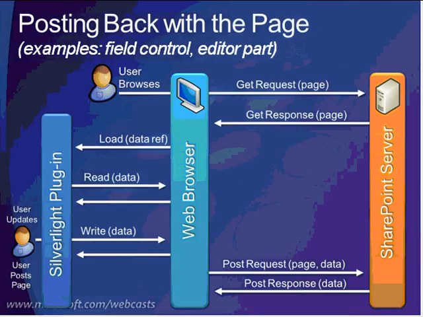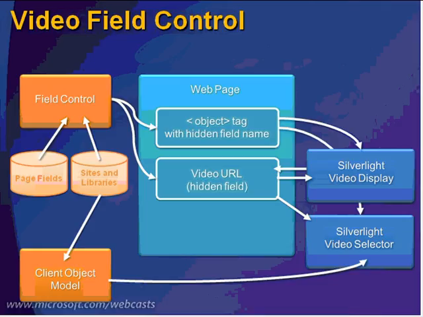So the solution is don't write your data back to SharePoint; instead write it back into the web browser into an HTML field. Then when the user hits save and posts back the whole page, it all goes to SharePoint in one unit so that the user gets that expected experience.